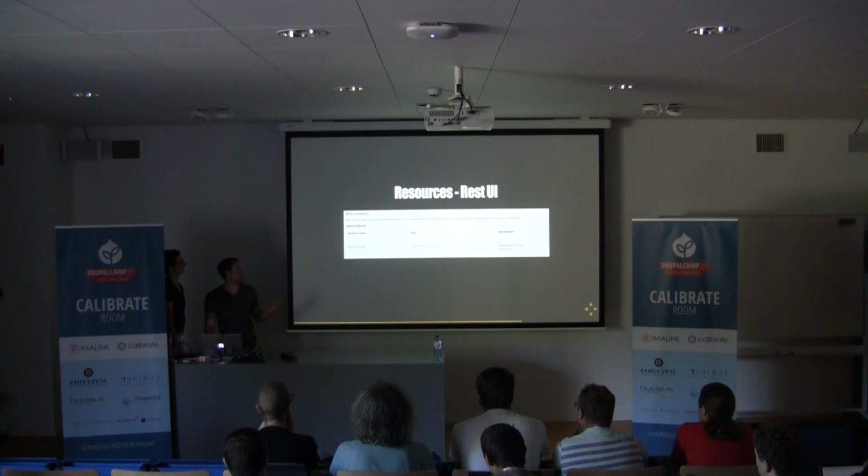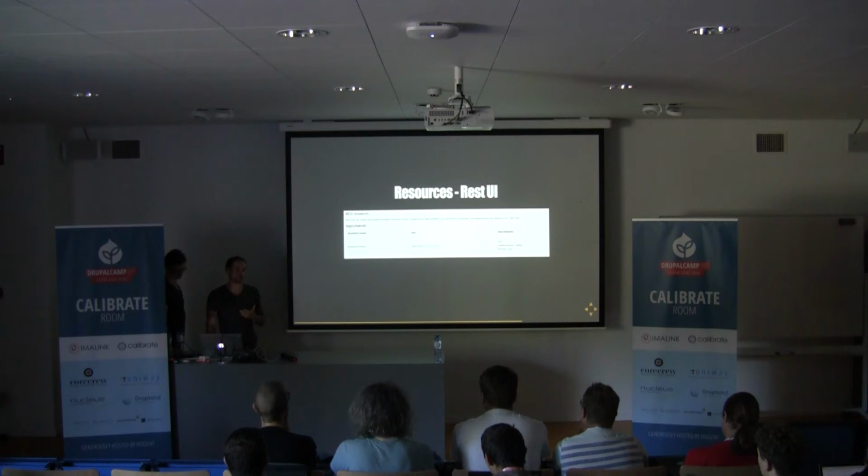Now, when you clear your cache and go to the REST UI, you will notice that your resource will be available in the UI of REST. You can then enable it and configure which authentication you use. It can be cookie or basic auth. You can also provide your own authentication like OAuth. And we tell the UI it's in a JSON format.